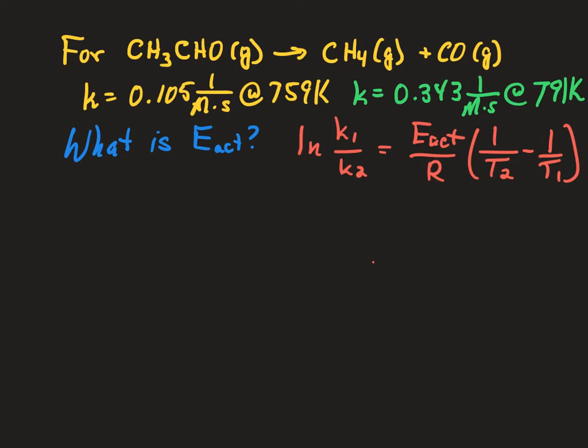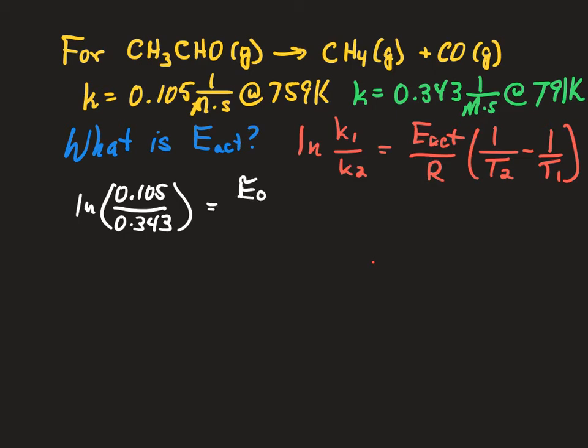So if we start to work that out, substituting those in, the natural log of 0.105, and I'm going to leave the units out, since it's a ratio, the units of the rate constant are going to divide out anyway. We don't know the activation energy.